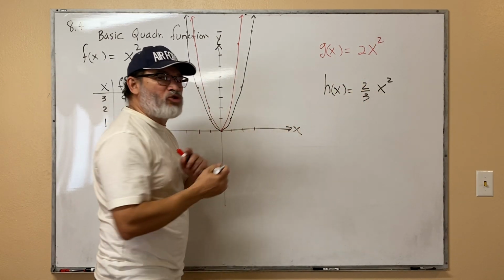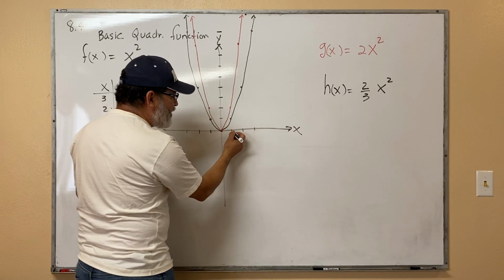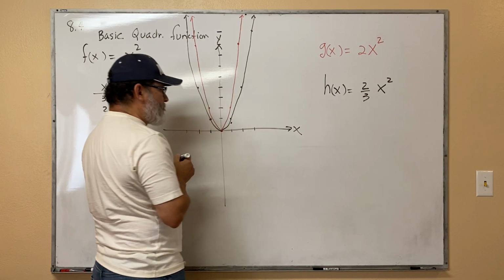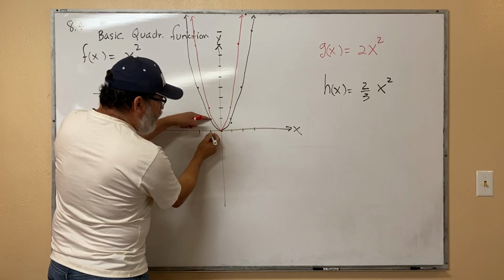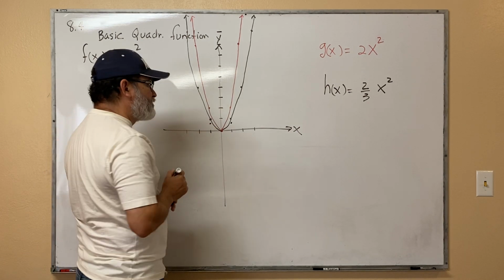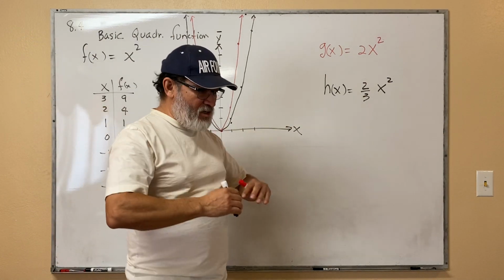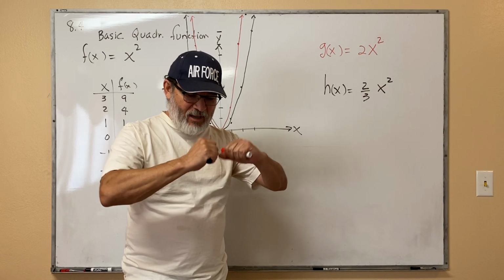What's 1 times 2/3? 2/3 right there. 1's to your left, 1 times 2/3, 2/3 right there. So it's like you're pushing the parabola down.